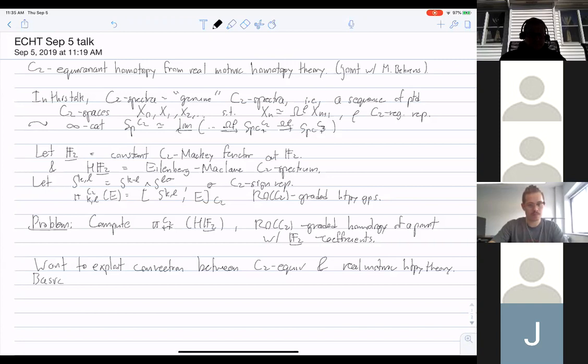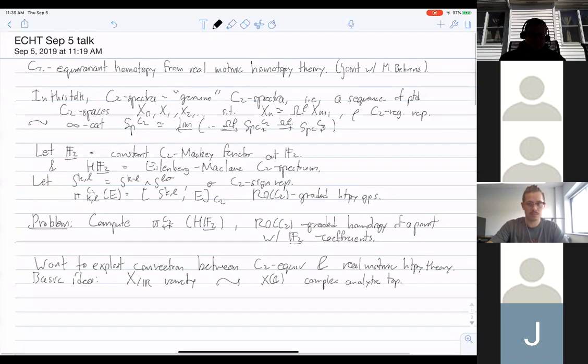Well, the basic idea behind this is that if I have a real variety, then I can take its complex points, and this is actually a topological space because I can endow the set of complex points with the complex analytic topology.